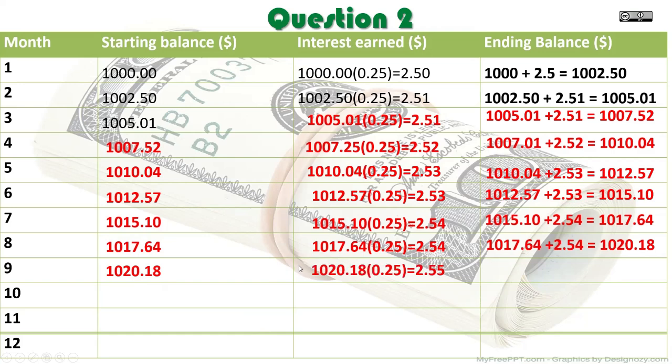Go through the same calculation. We end up with $2.55 interest, add that in, and we get $1,022.73. We take that $1,022.73 for our 10th month as the starting balance.